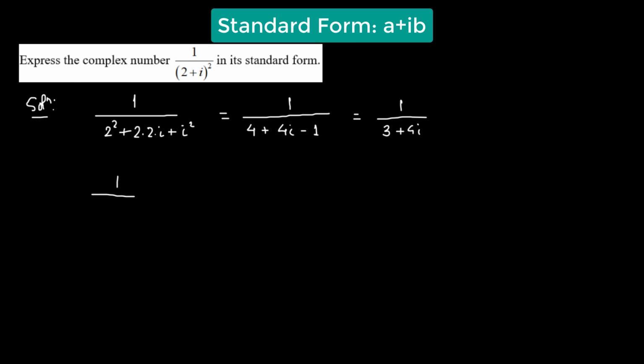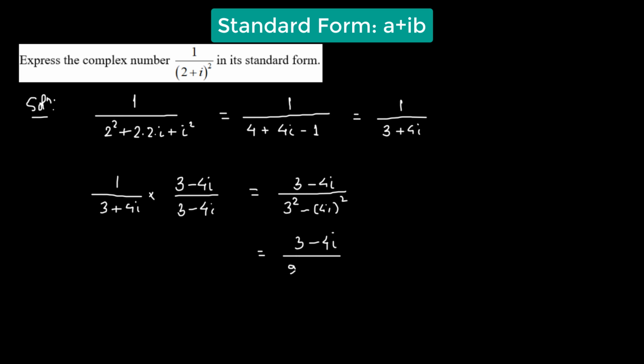Now we're going to take the simplified complex number 1 over 3 plus 4i, and then multiply both numerator and denominator by the complex conjugate of the denominator, which is 3 minus 4i, and that gives us 3 minus 4i times 1 is 3 minus 4i in the numerator, and in the denominator we have 3 squared minus (4i) squared, which will be equal to 3 minus 4i divided by 9 minus 16i squared, which will be 9 plus 16.